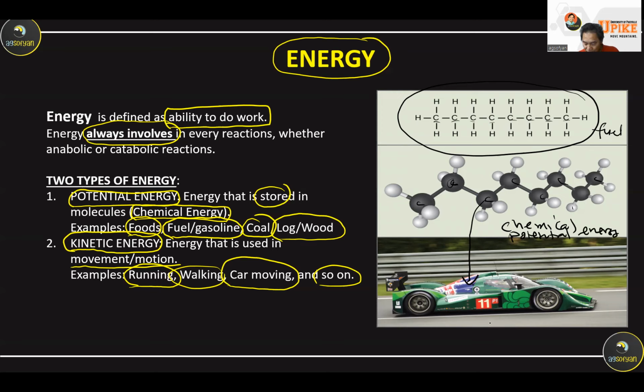And then it becomes kinetic energy over here. So you see that the energy can be converted or transformed from one form to another form, from the potential or chemical energy into the kinetic or motion energy.